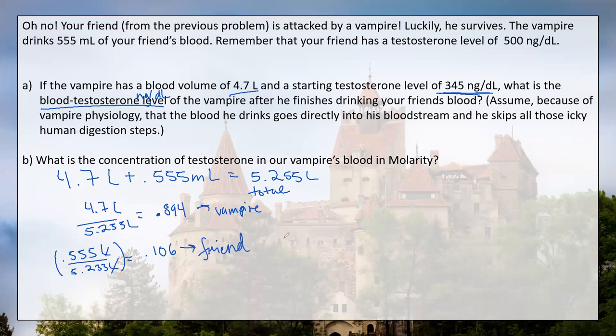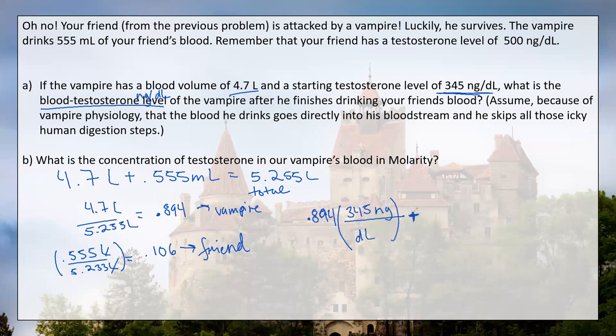And then we can do a weighted average. It's similar to how you might figure out your grade if you knew what your total score on each exam was, for example, and what the weight of each exam was, if they weren't weighted equally, or how you would figure out isotopes with a weighted average. So 0.894, that's our vampire's contribution, so about 90%, at 345 nanograms per deciliter.